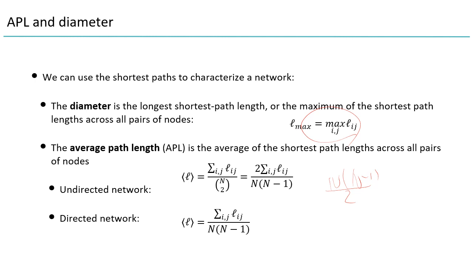You can get the shortest path length Lij between two nodes. Then you sum up this value and divide by all possible pairs of nodes. Then that is the average path length. This is the undirected network case. This is the directed network case. In the directed case, the factor 2 disappears, and you divide by this one.